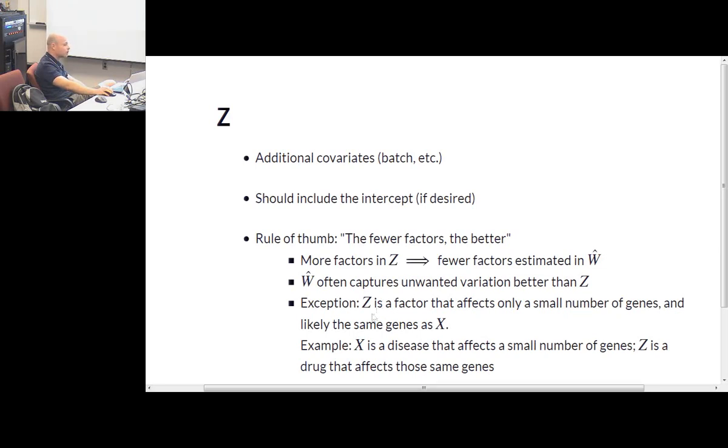To be a little bit more explicit, an example would be if your factor of interest is a disease that affects only a small number of genes, and the covariate that you want to adjust for is a drug that also affects similar genes. For example, a lot of the people that have the disease might be taking a specific drug, in which case you'd want to adjust for that explicitly with your Z matrix.